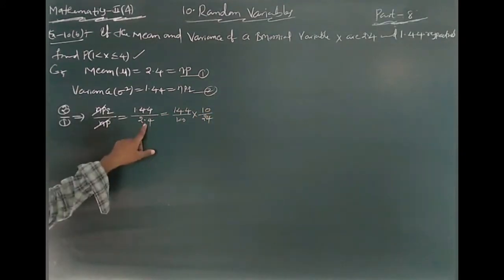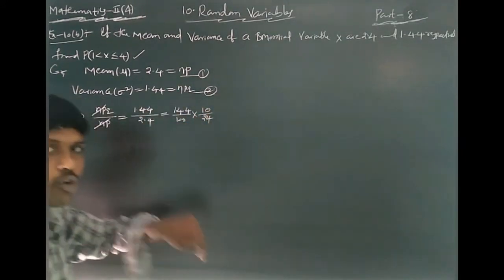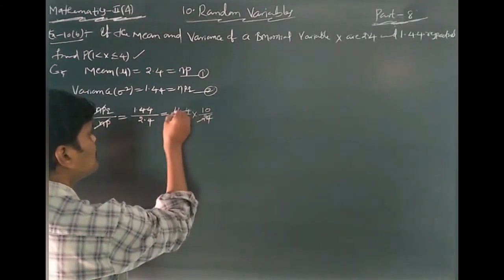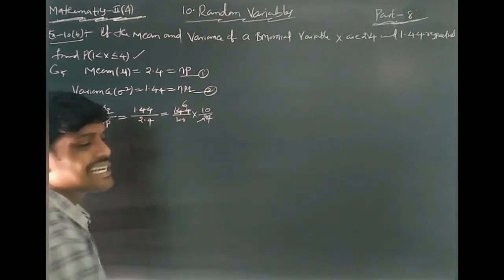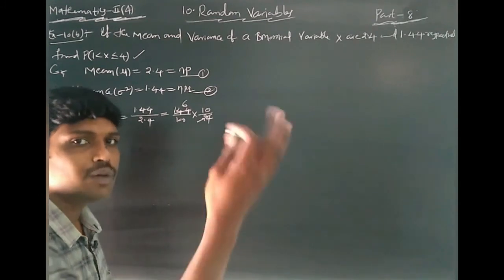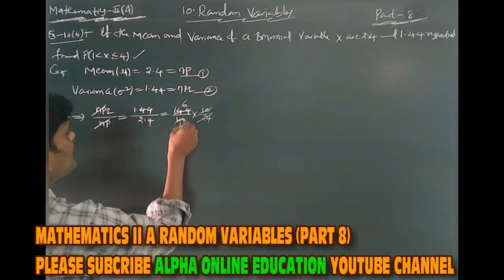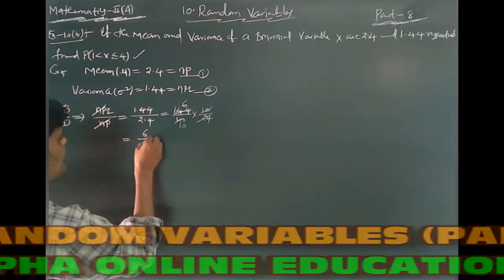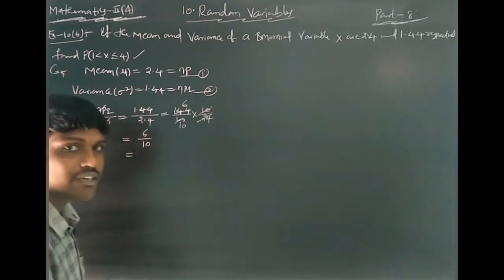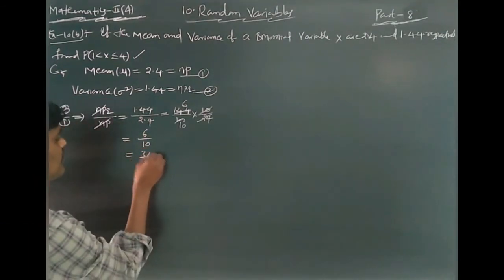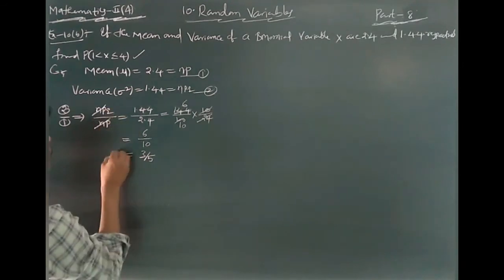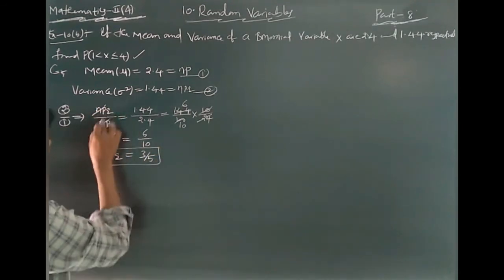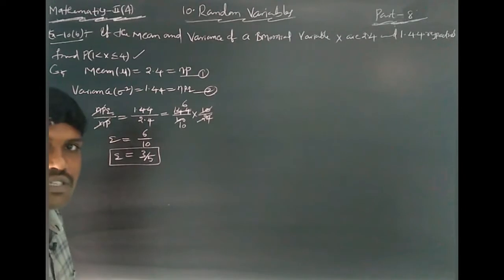Here 2.4 is nothing but 24 by 10. 24 ones are 24, 6 fours are 24, 6 twos are 12, 12 plus 2 is 14, 10 ones are 10. You get 6 by 10, which is 3 by 5. This is the value of q. So q is equal to 3 by 5.